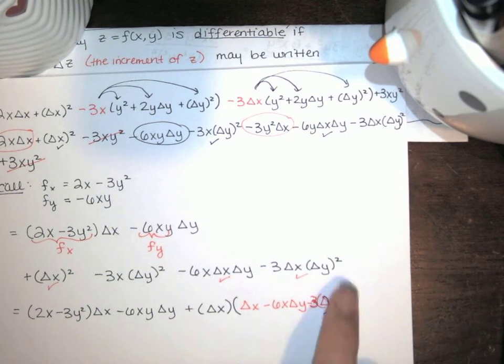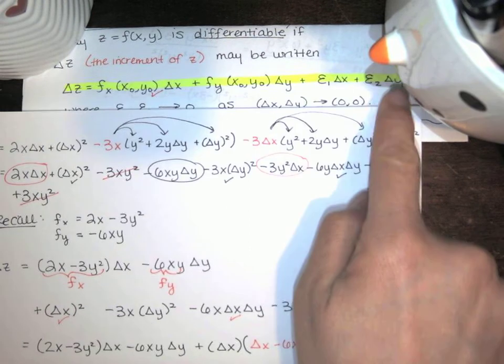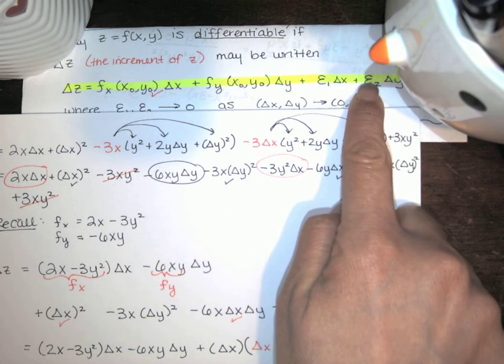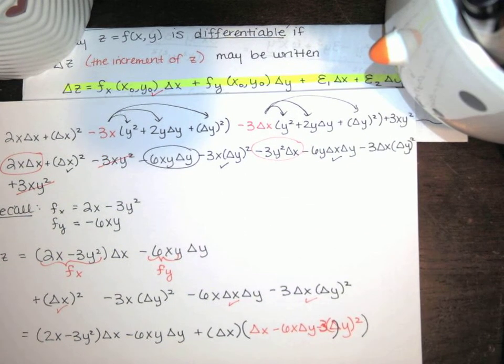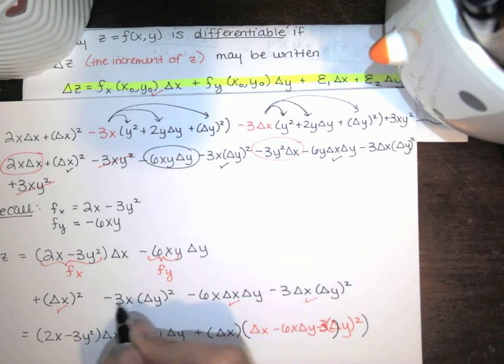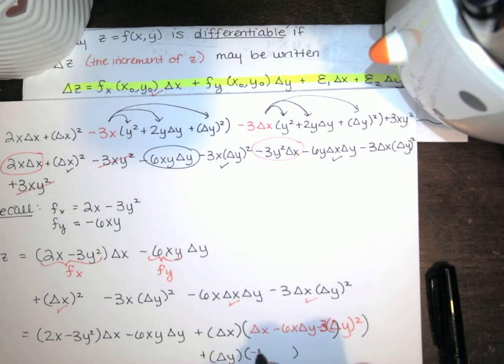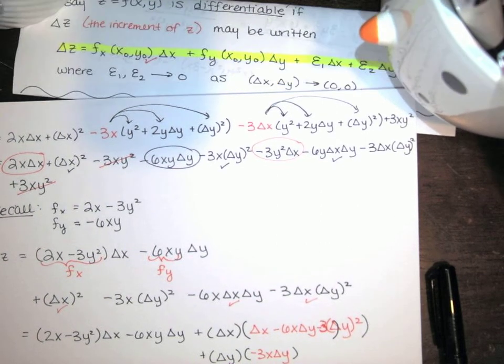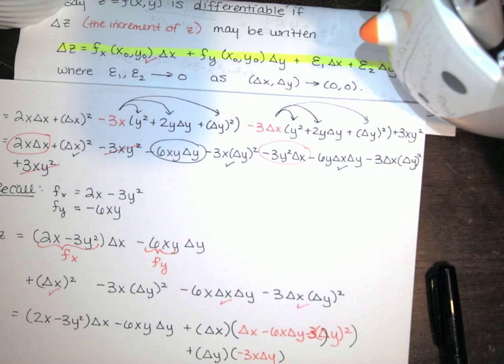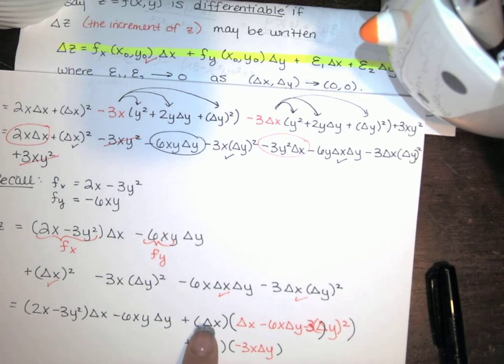Okay, so I've got all those, and then can I write this one as delta y times something that's going to 0? Yes, factor out a delta y there, and you're left with a negative 3x times delta y. If you're saying to yourself, Ms. Townsend, why are you doing that again? What was the point of that? Why did you have to have the delta x and the delta y in just this way?